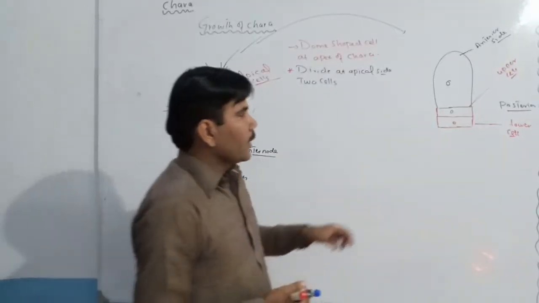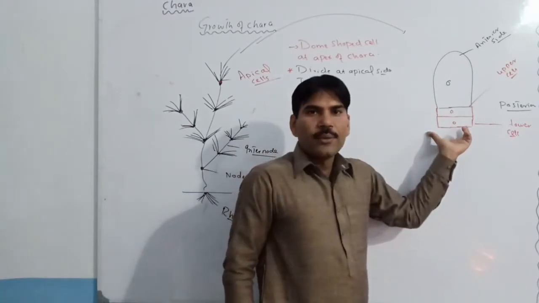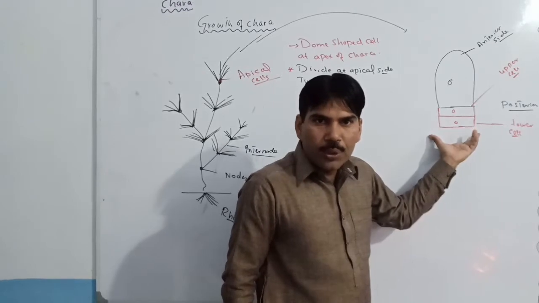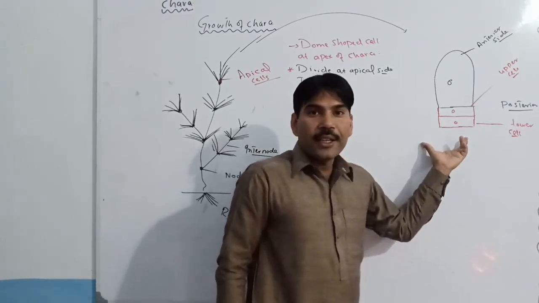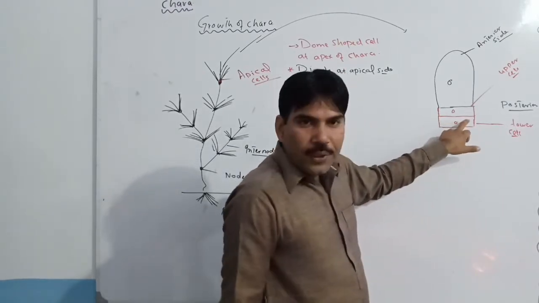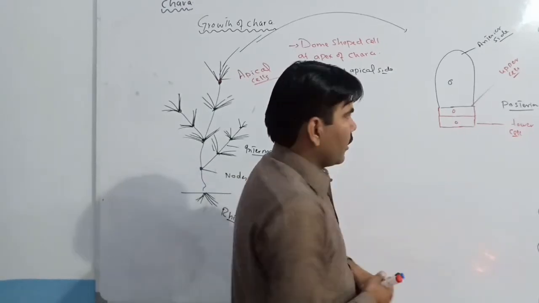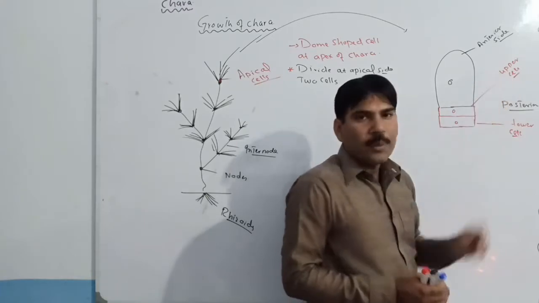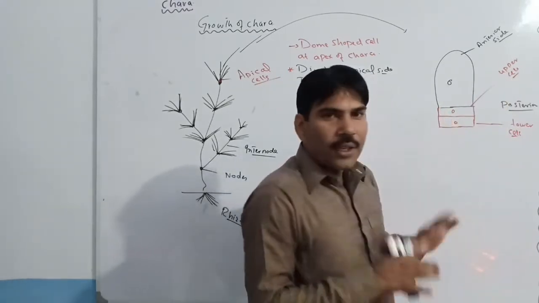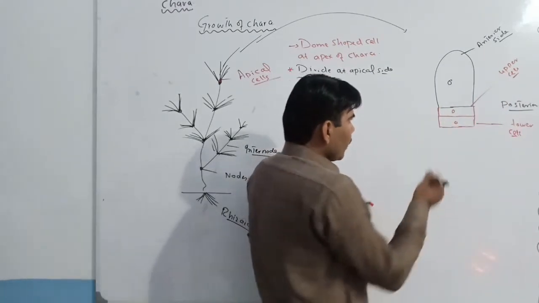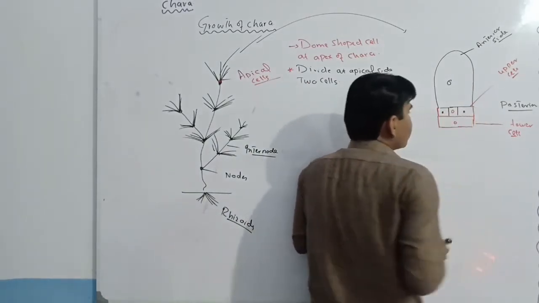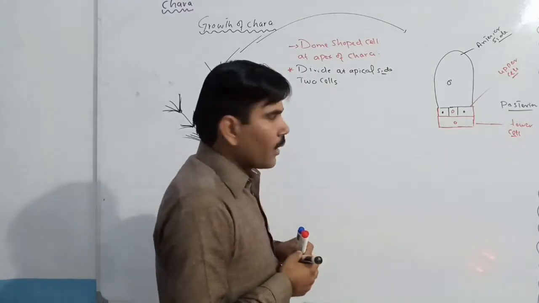But keep in mind, lower cell will never divide, but it will elongate and modify to make an internode. So the division in this cell will not occur. Remaining one cell is this cell which is basically upper cell. This cell will undergo the division. So this cell divides and produces more cells.